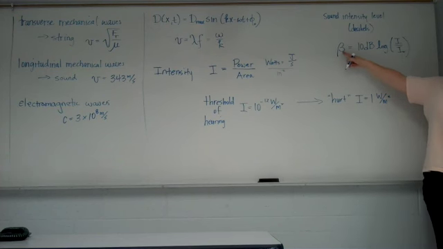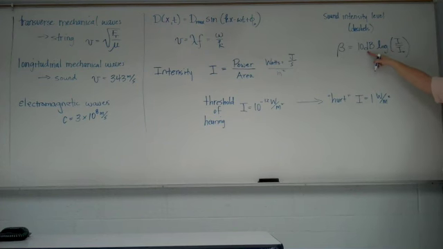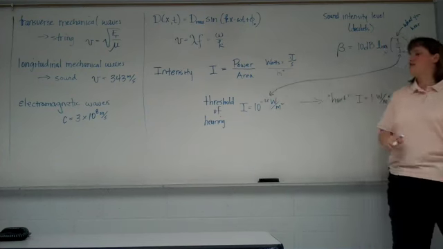Beta represents the decibel level of that particular sound. So we take 10 decibels and multiply it by the log base 10, not natural log, log base 10, of the ratio of the intensity you're hearing over the threshold of hearing.